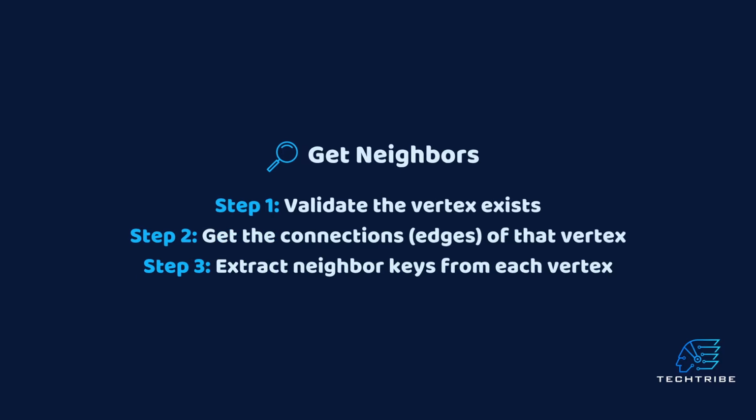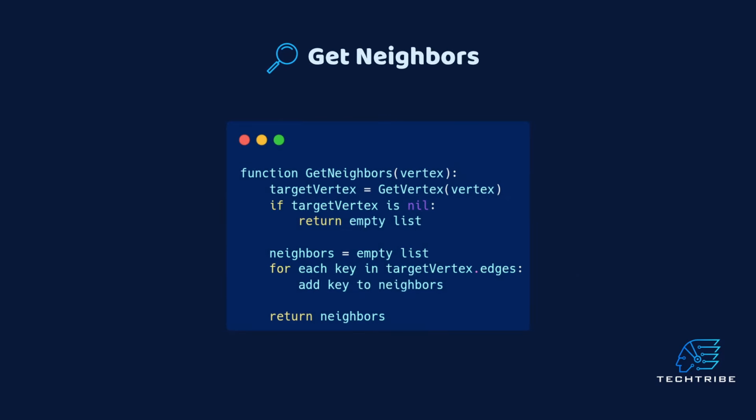Step three is to extract each neighbor key from the vertex and push it inside an array or list or whatever and return it by the end. And the pseudocode for that will look like this.